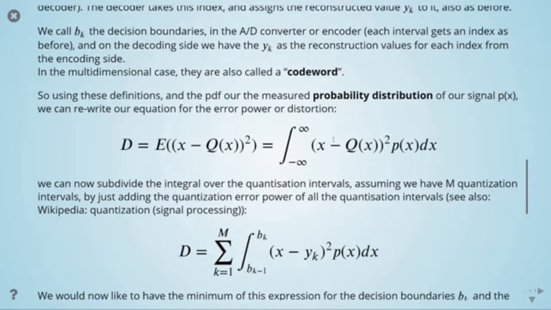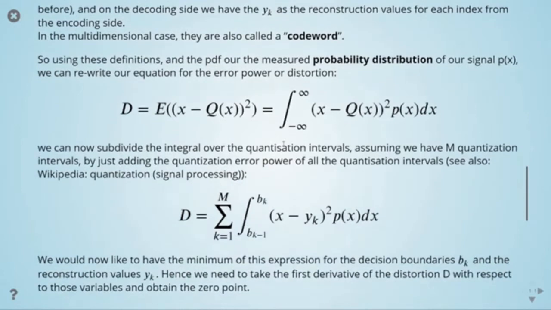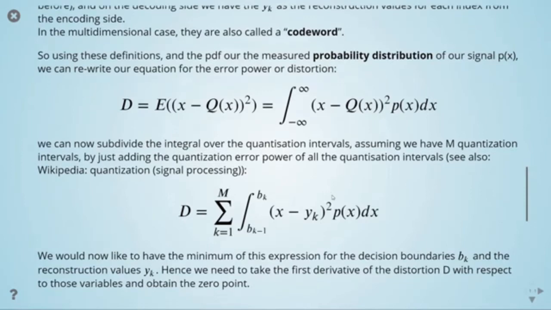If we assume that we have M quantization intervals, we can add the quantization error power of all the quantization intervals, and we go from here to here. So we are subdividing this integral over the quantization intervals, and we have this summation over all the quantization intervals.